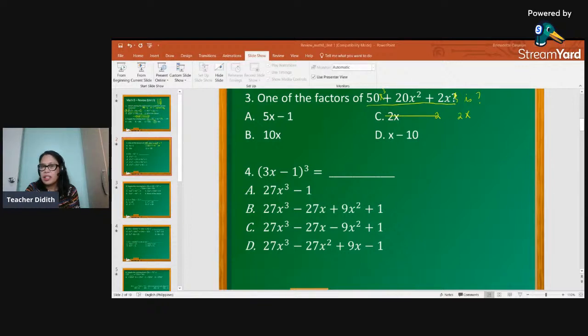Okay. So, it's C, guys, ha? It's not A because 5x minus 1 is not a factor for this. As we move out the GCF for this trinomial, the GCF is 2x. And then x minus 10 definitely is not a factor. 10x as well. So, it has to be 2x.